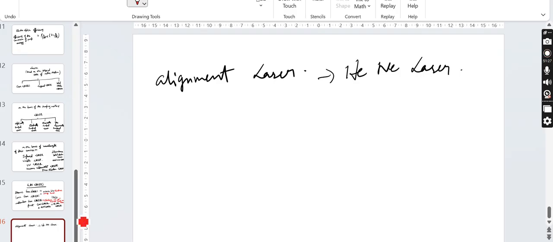So here what happened is that this is the ground state.